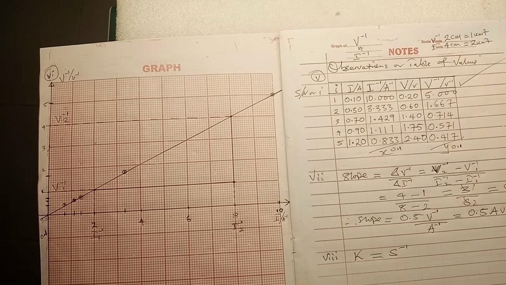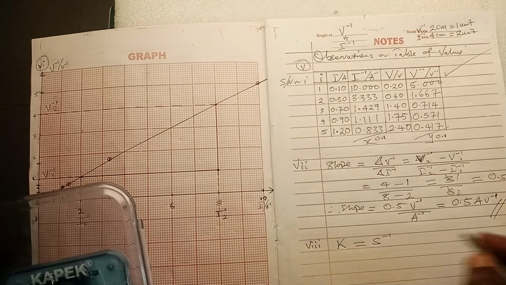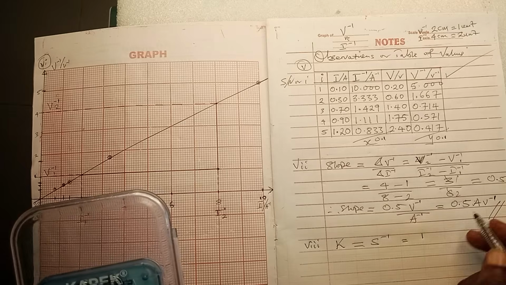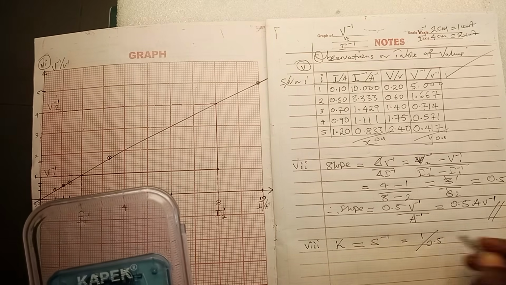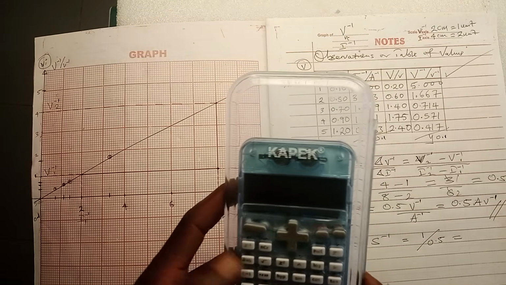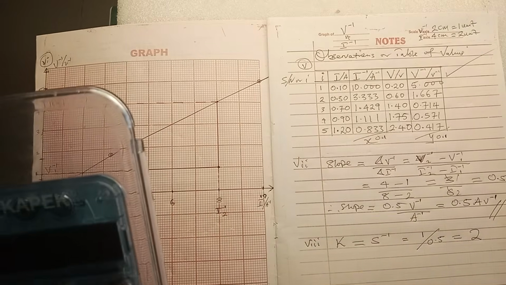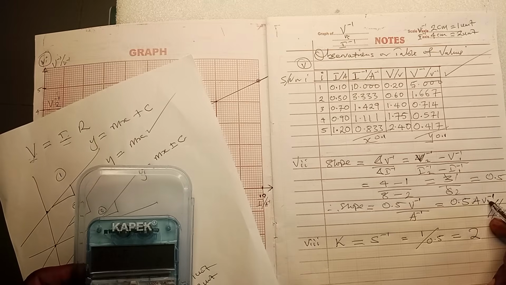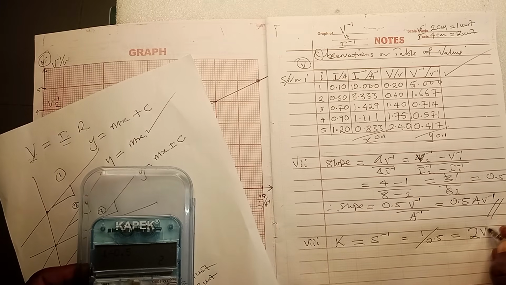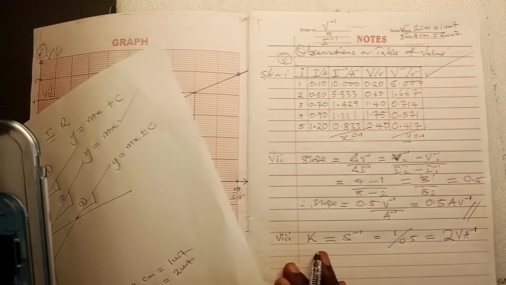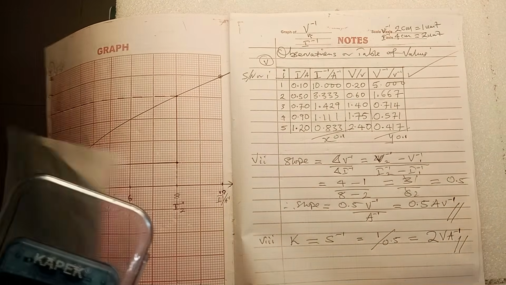So question number VIII, evaluate K. This simply means 1 divided by the value of the slope, that is 1 divided by 0.5, which will give us 2. This time V inverse will change to V, and then you have A inverse. So the value for K is this.